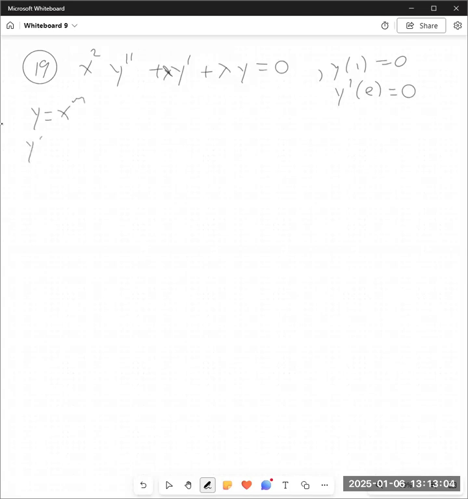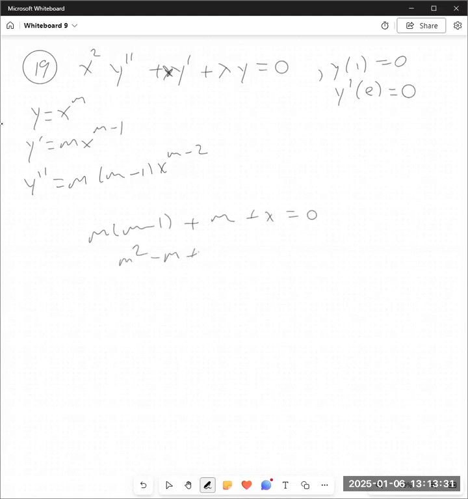Y equals x to the m, y prime equals m x to the m minus 1, y double prime equals m times m minus 1, x to the m minus 2. So this is m times m minus 1 plus m plus lambda equals 0, m squared minus m plus m plus lambda is equal to 0, m squared is equal to negative lambda, m is equal to plus or minus root lambda i.